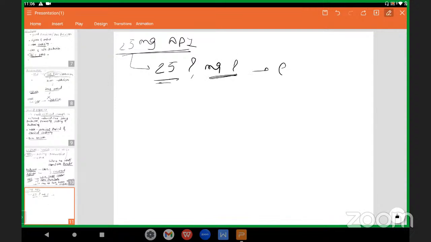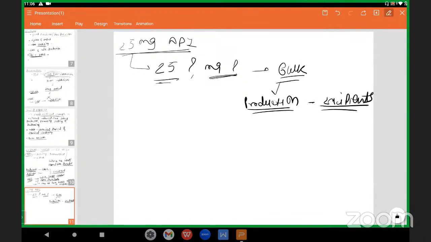So simply to enhance the bulk and to improve the production quality, we are using the excipients. Okay, now tell me what are the categories under the excipients? Which categories do we look for, and what is the application of every category of excipient in tablet manufacturing? Can anyone tell me?